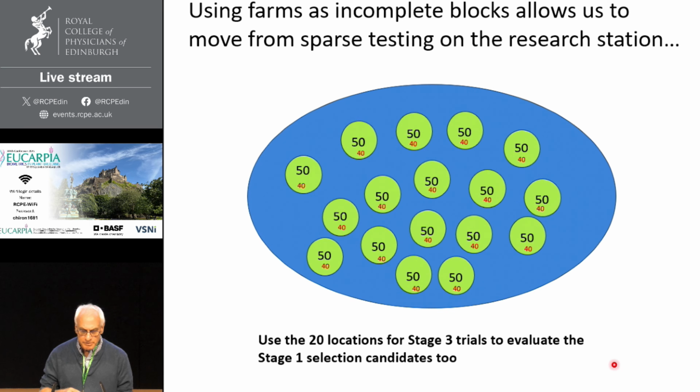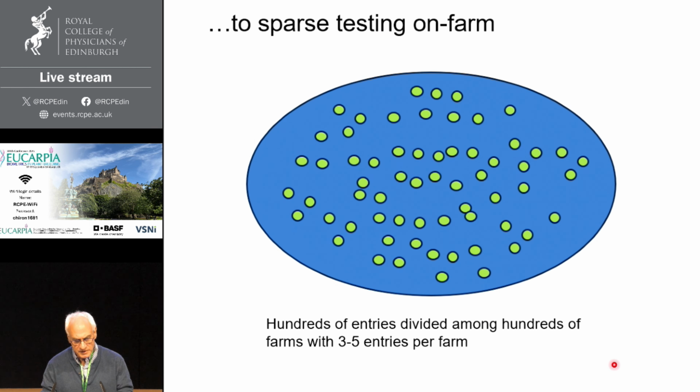Using farms as incomplete blocks, going back to the blob diagram, allows us to move from sparse testing on the research station, where we take our training population and spray it out across perhaps 20 test environments, to evaluating those selection candidates on individual farms, several hundred farms, each with somewhere between 3 and 5 entries.